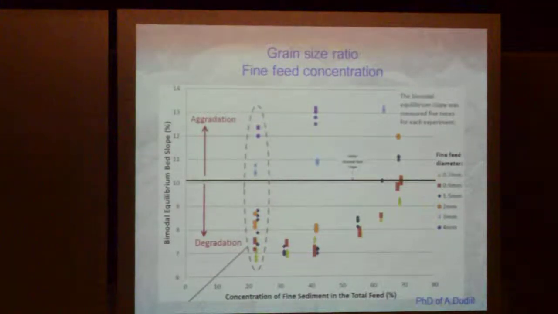It's actually a PhD, which is a joint agreement between Cornell University and the University of British Columbia. So she spent 1 year in our lab, and she did this for several grain size ratios from 0.7 to 4.